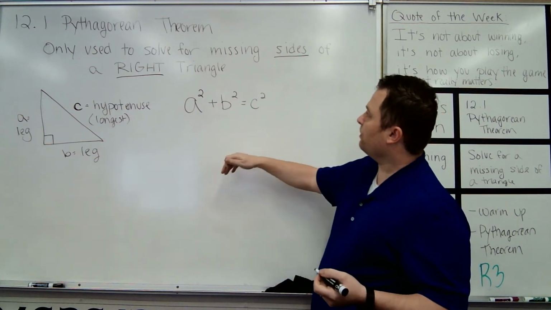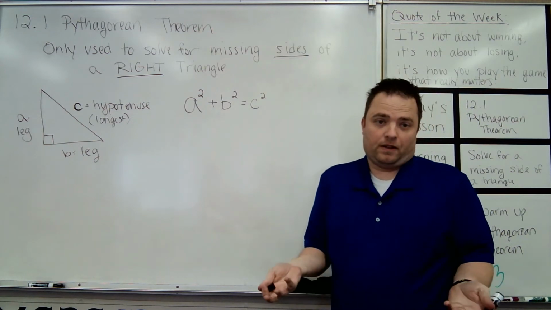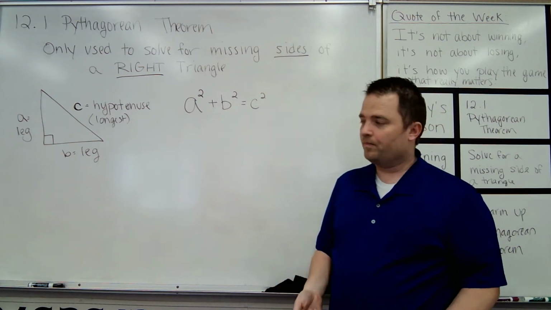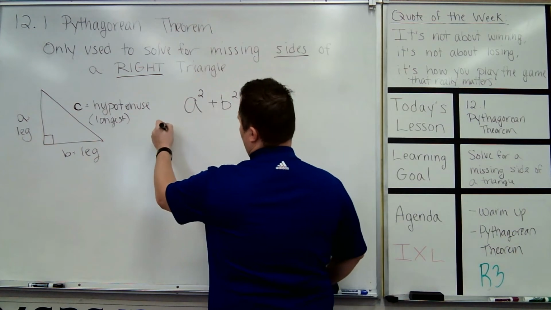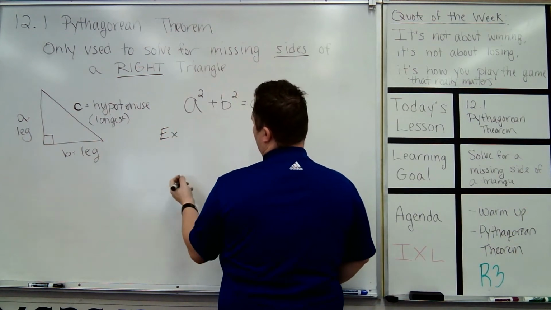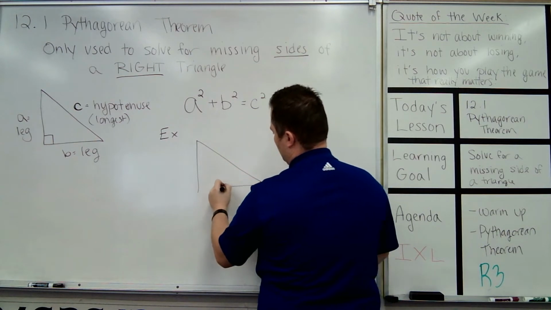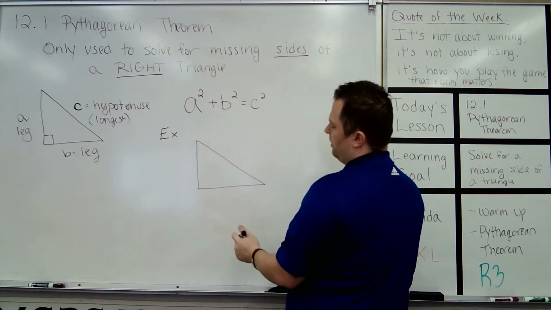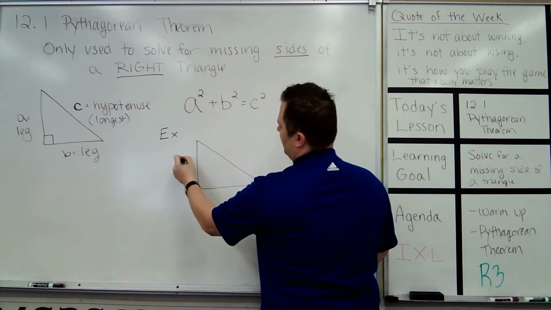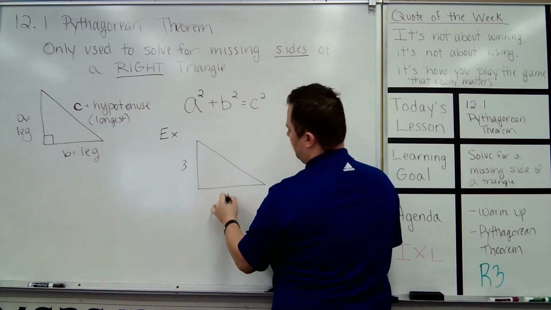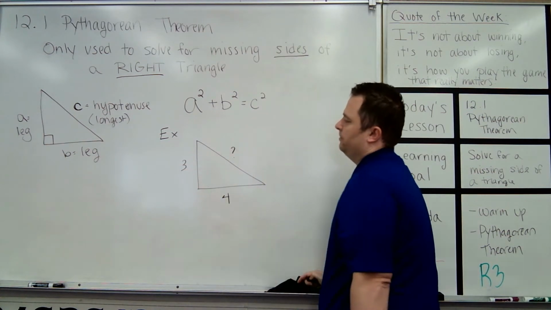However, we said that we were going to find some missing sides. So let's find a triangle that has a missing side. Suppose, this is our first example, we have a triangle that looks like this. We are given that this side is 3, this side is 4, and this side is missing.